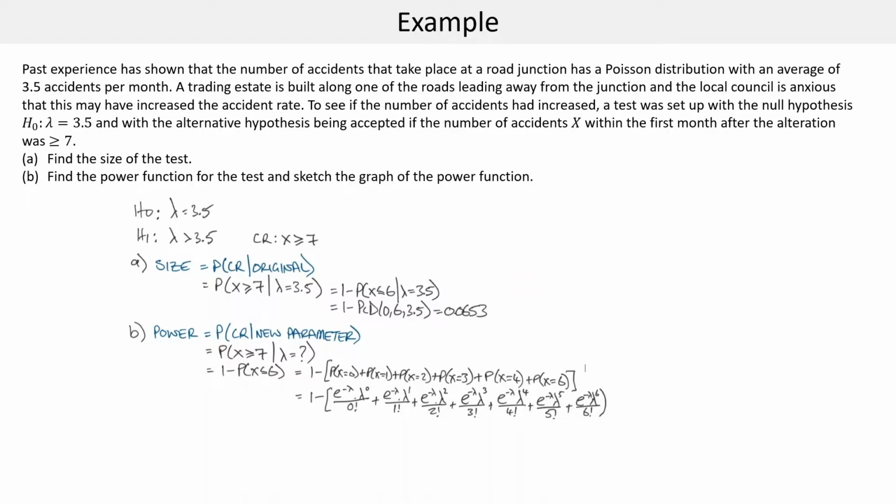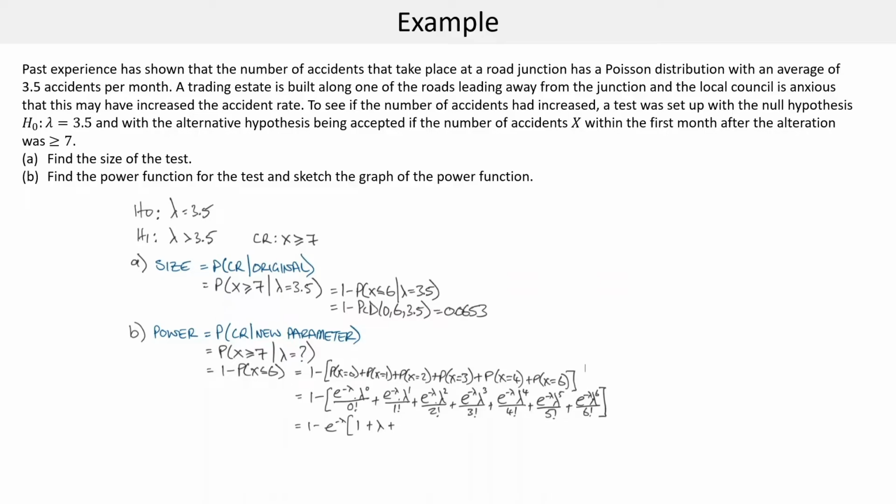Now, this is the power function, but we can definitely tidy this up. We'll be expected to show a simplified version. The very first thing I can see is that I can factorize out e to the negative lambda. That appears in every single one of these 7 terms. What am I left with? Lambda to the power of 0 over 0 factorial is 1. Lambda to the power of 1 over 1 factorial is lambda.